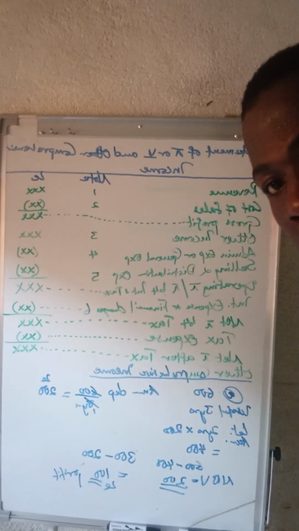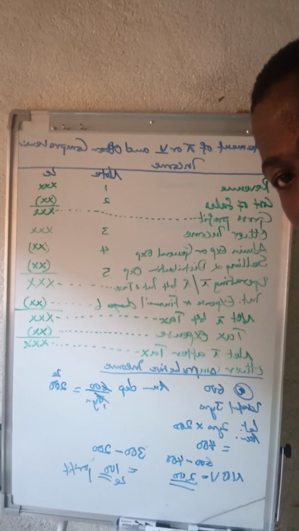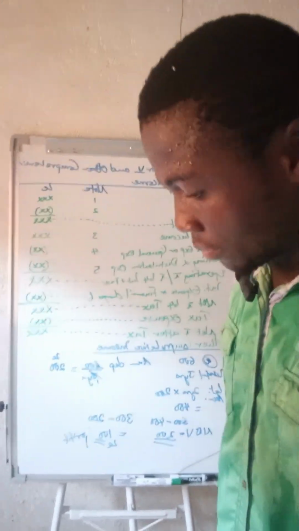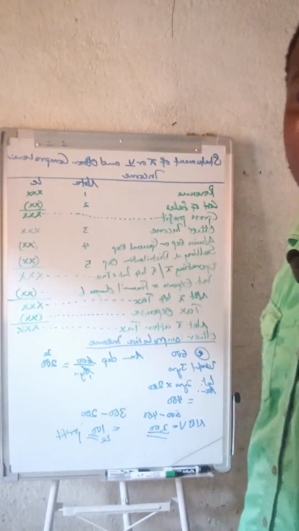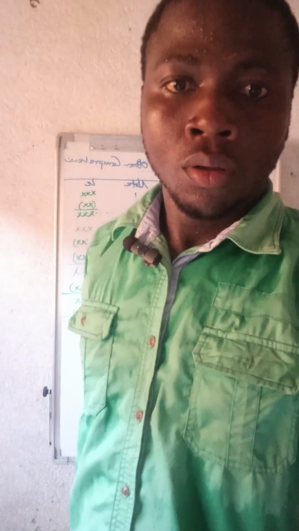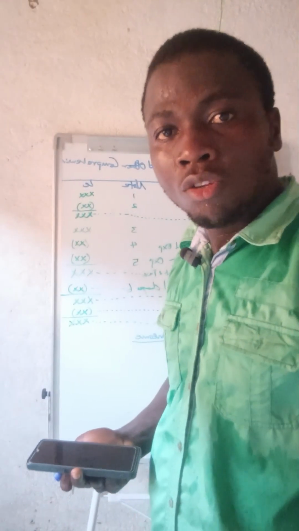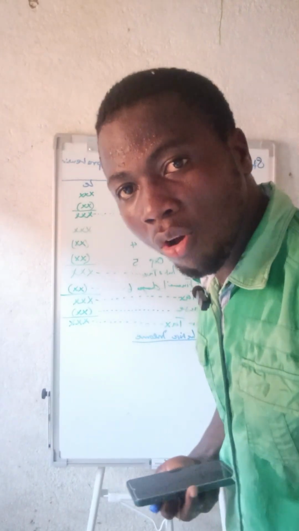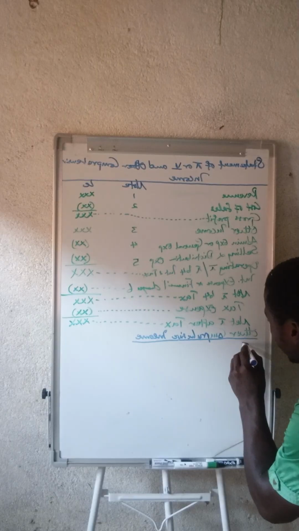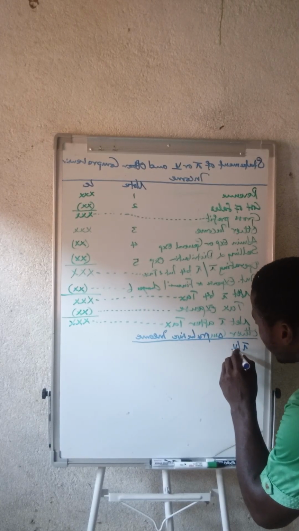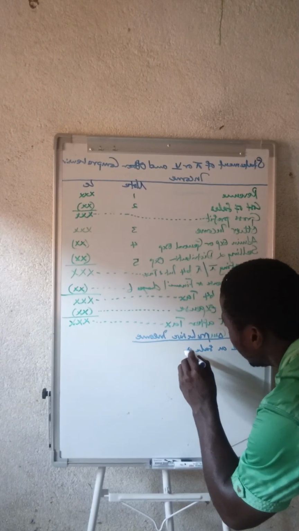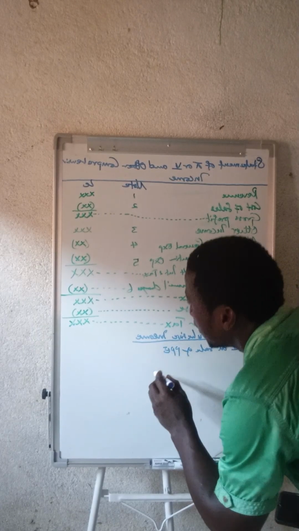So this is the clear view of it. Now we proceed. We say profit or loss on sale of PPE.